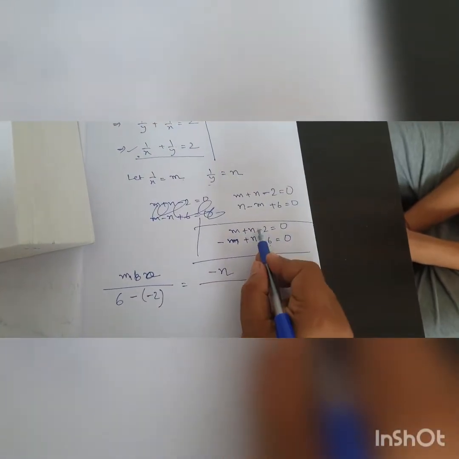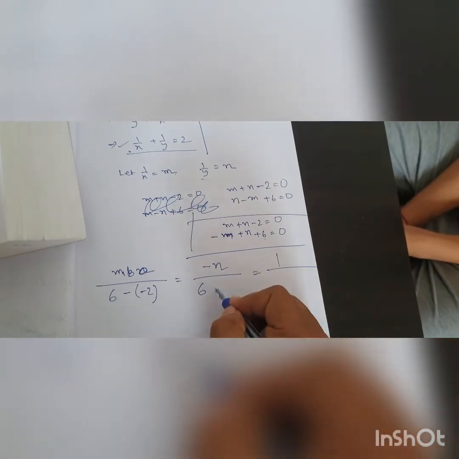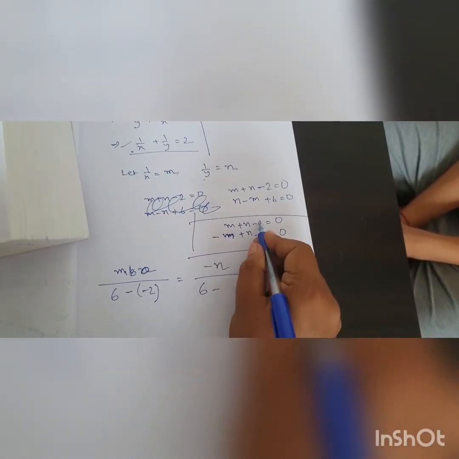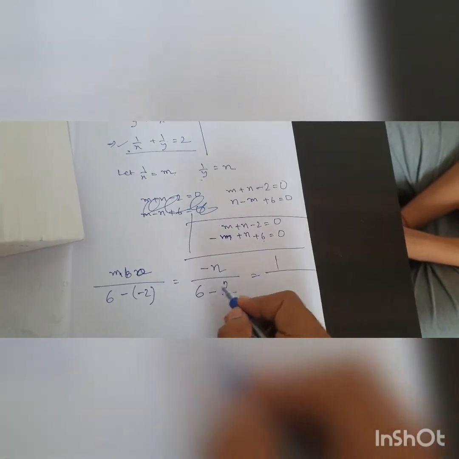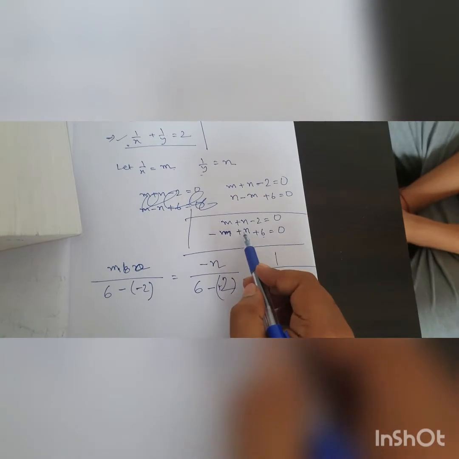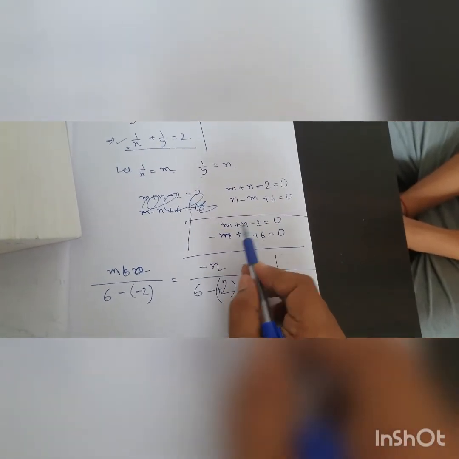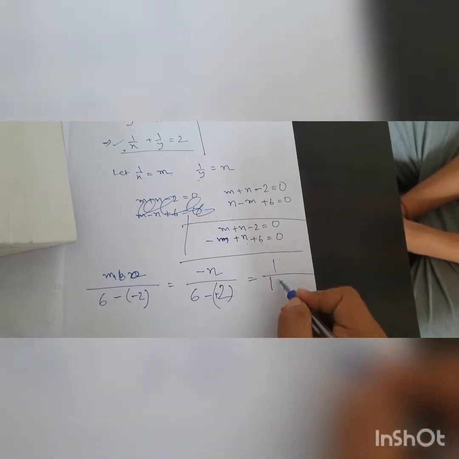Okay, minus n by, so 1 into 6, 6 minus 1 into minus 2 is plus 2, so 2, or plus 2 in this way. And if you cover 1 by, you cover this: 1 into 1, 1 minus 1 into minus 1, minus 1, so minus 1, so that is the thing.